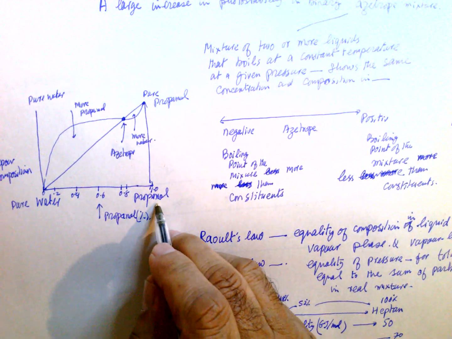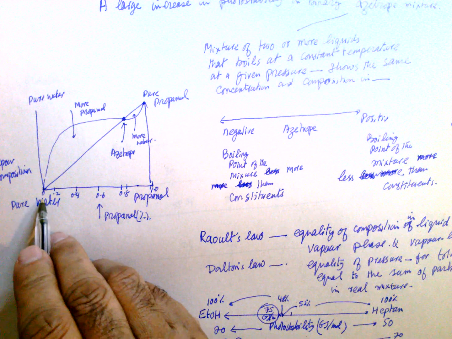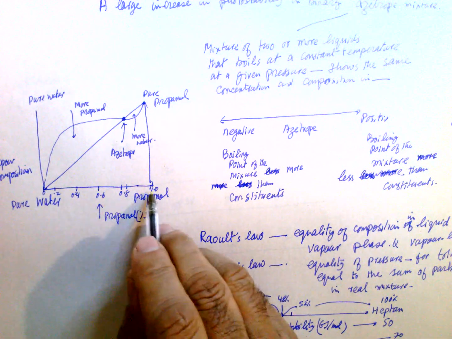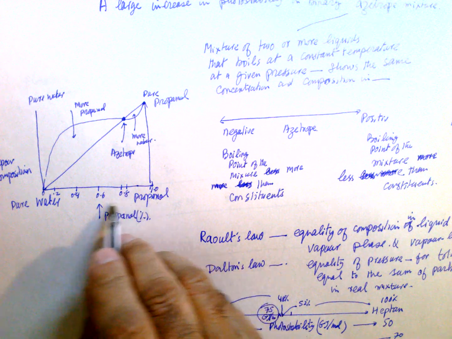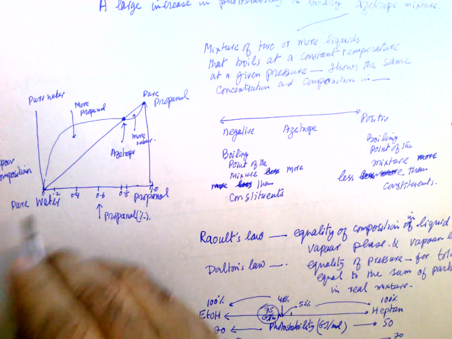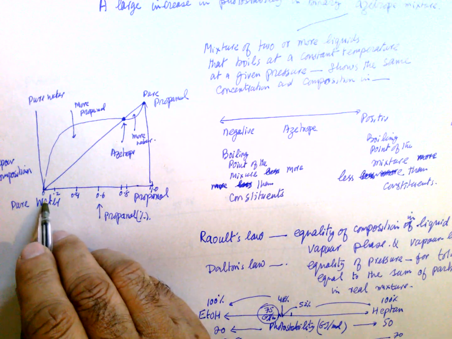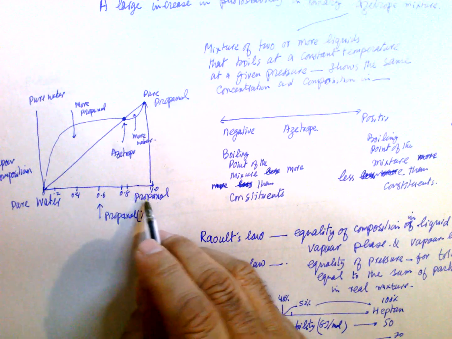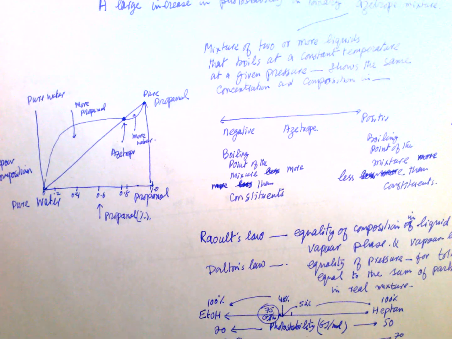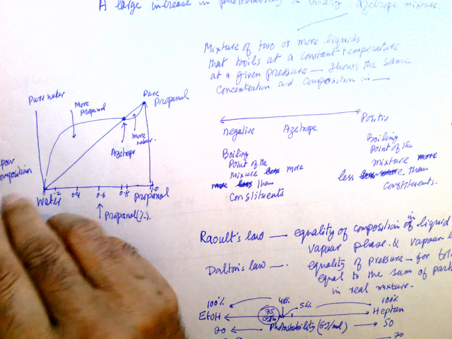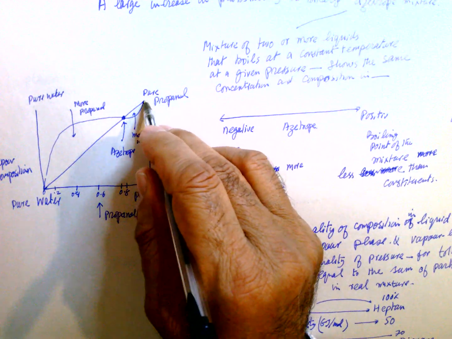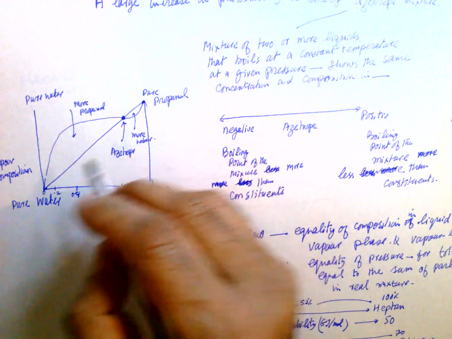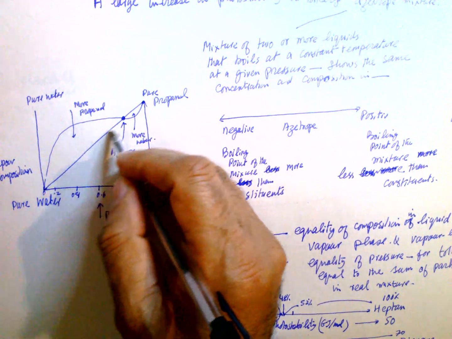This is water, this is propanol. This is zero concentration of water, this is 100% concentration of water. As water concentration increases, propanol decreases. This is the vapor composition, this is pure water, this is pure propanol, and this is the azeotrope.